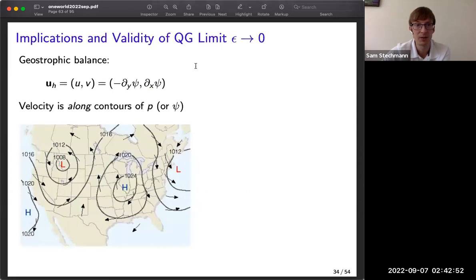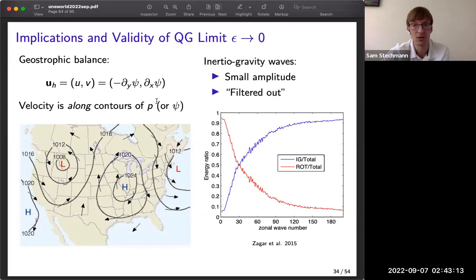So just to describe that with some pictures quickly, this is a snapshot of pressure contours, and you can see that the velocity vectors are roughly aligned with the pressure contours. That comes from this relationship of geostrophic balance. And this is all on large scales.